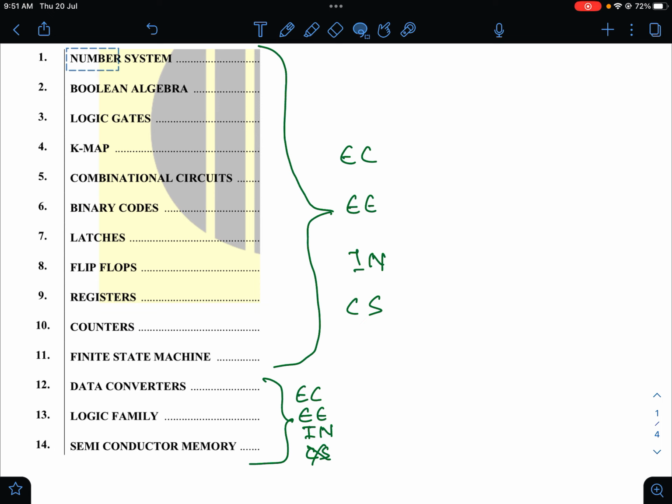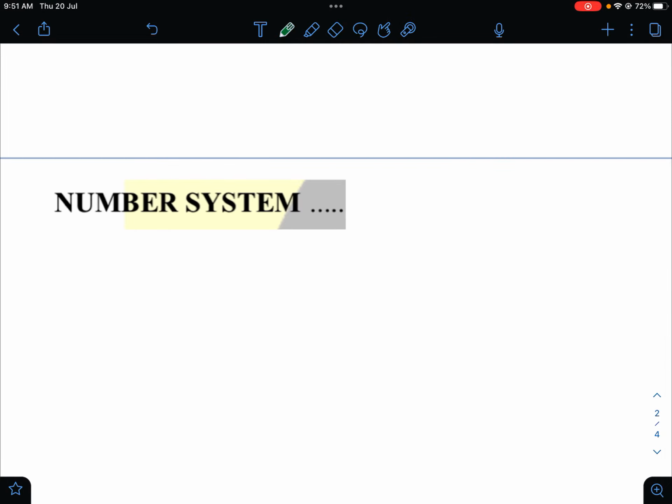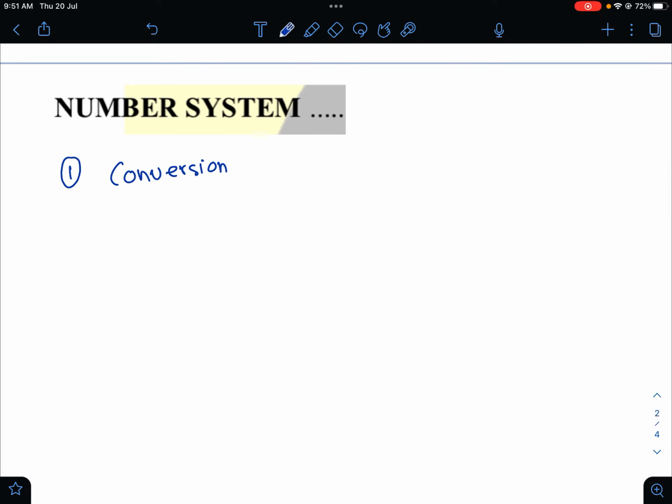In number system, what kind of questions, or what is the area from where the majority of the questions are being framed? Number one is based on number system conversion. A number will be in one base, and you have to get the number in its other equivalent base. There are some tricky questions also.